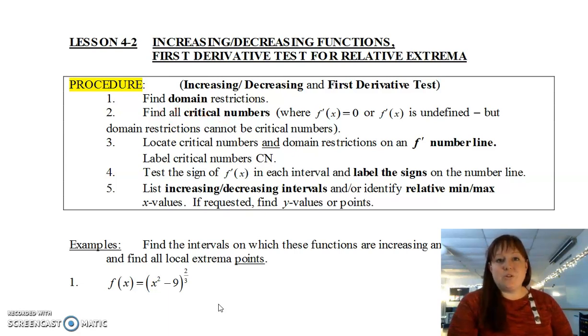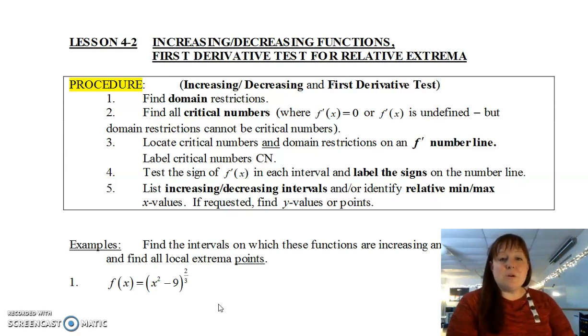So we know how to find critical numbers. That's where f prime of x is equal to 0 or where f prime of x is undefined. And so remember, though, that domain restrictions cannot be critical numbers. So if your function is undefined at, say, x equals 3, then it cannot be a critical number because your function doesn't exist.